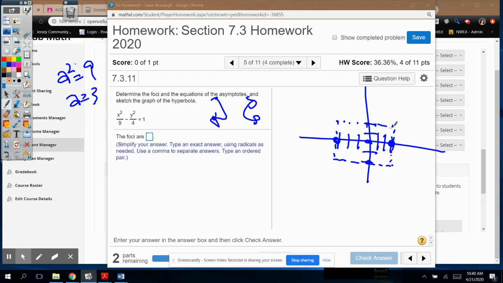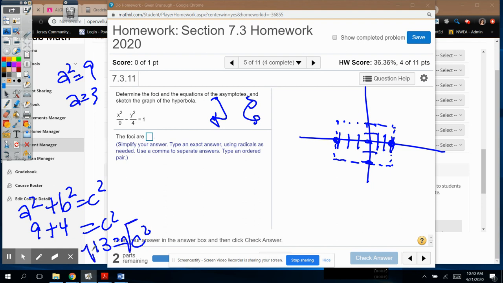Mine's kind of downhill. Okay, and now we need to do the foci, and that comes from C, which now comes from A squared plus B squared equals C squared. So it's 9 plus 4 is C squared. 13 is C squared, and C is going to be the square root of 13. So C is the square root of 13, which if you want it as a decimal, you could type it in. It's about 3.6.